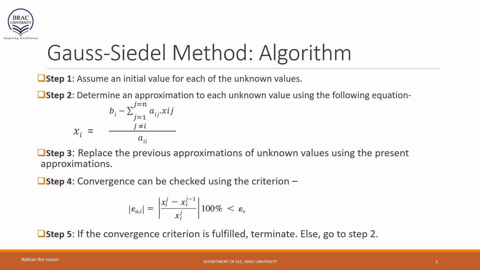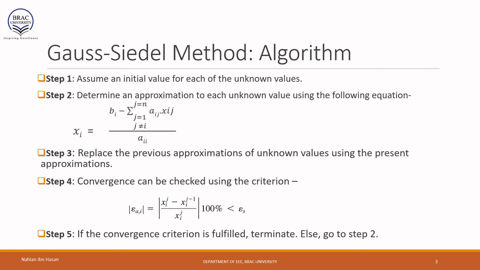So how do we stop the iteration? If you remember, the general procedure for stopping an iteration is to find the approximate error. Convergence can be checked in the code by this equation. That means the approximate percent relative error is the present approximation minus the previous approximation, divided by the present approximation, times 100%.